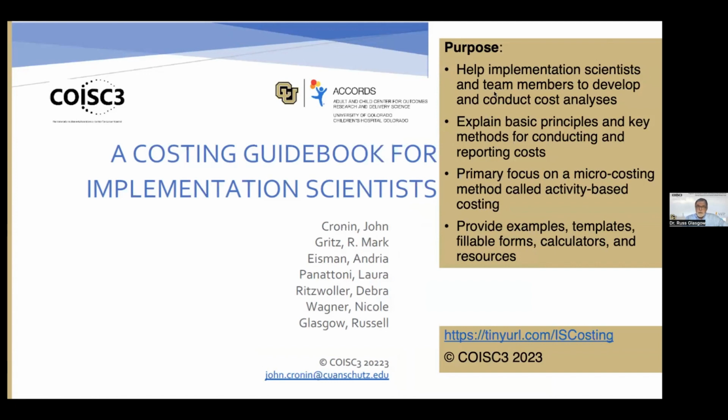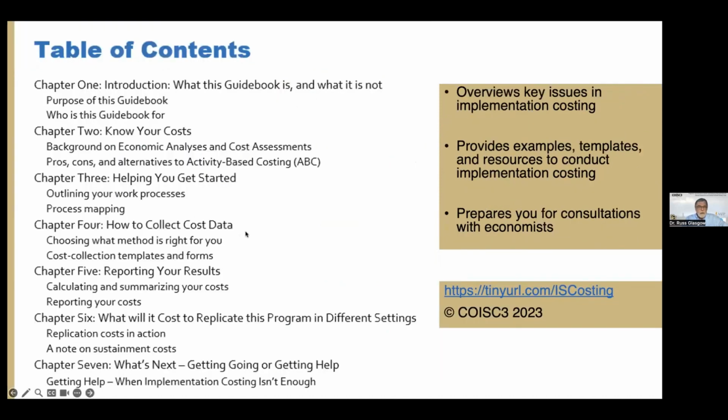The purpose of this guidebook is to help, especially implementation scientists and their teams, to develop and cost this. We do emphasize, again, a subset of microcosting that we call activity-based costing, and we've attempted to provide a lot of examples, templates, and fillable forms here.